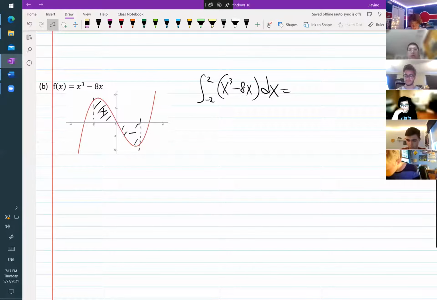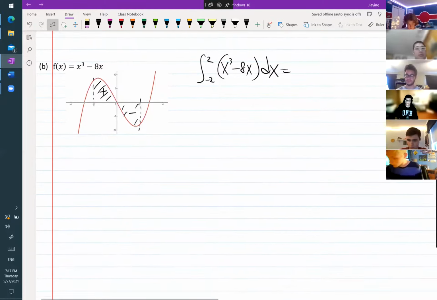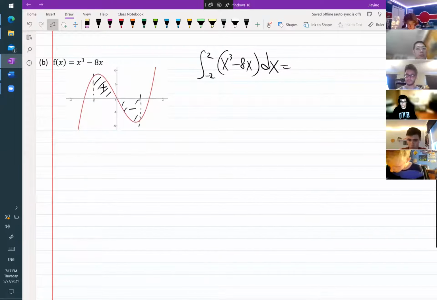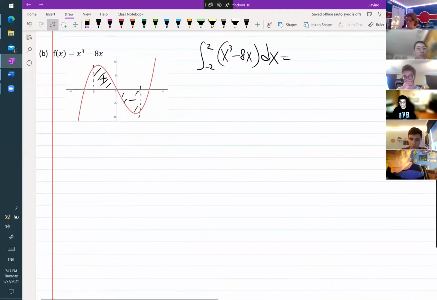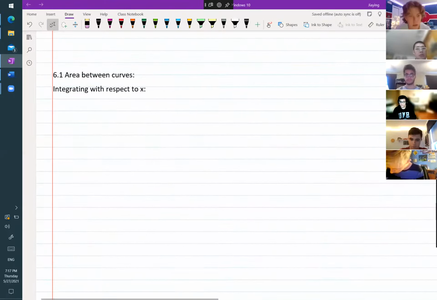Like any two curves that you can draw, you can find the area between them. All right, so area between two curves.